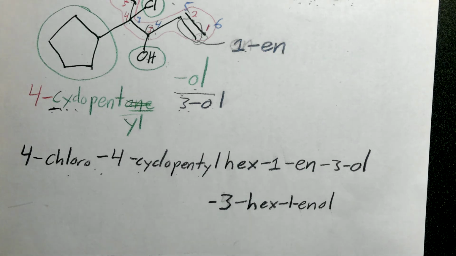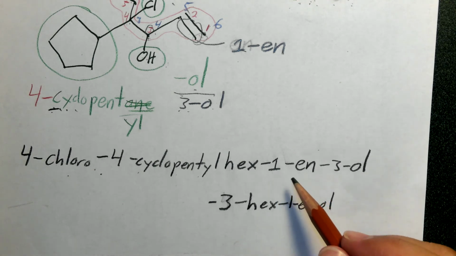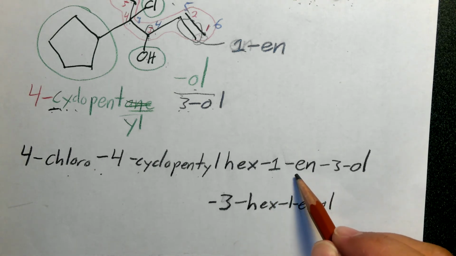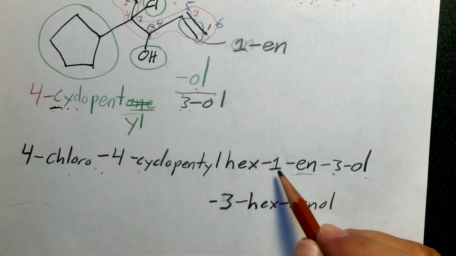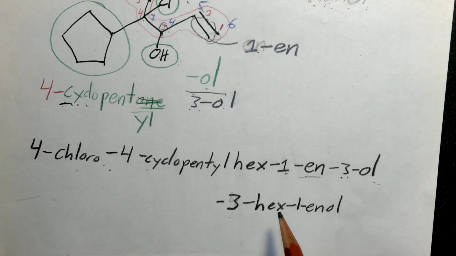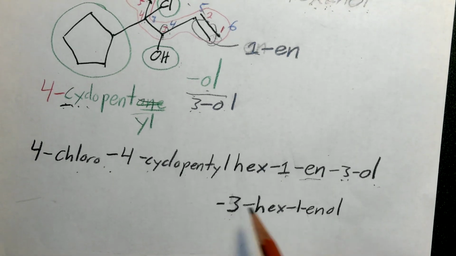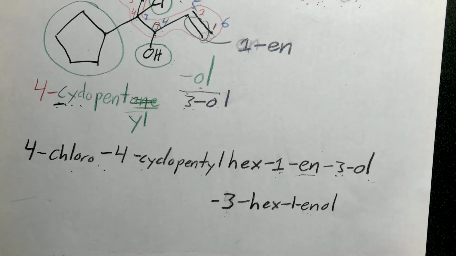Now I mentioned in class, and this is where I would say, for example, if there are 2 locants, or maybe more than 2, but there's a locant associated with the unsaturation and locants associated with the functional group, you can't pull both of them out because then it would be 1,3-hexenol. But is the 1 associated with the ene or is the 3 associated with the ene? That would be the question.